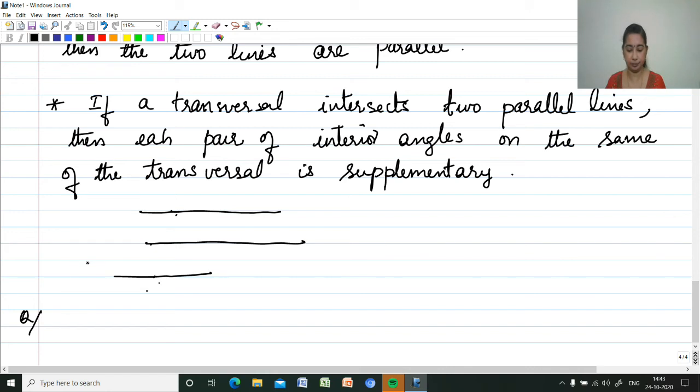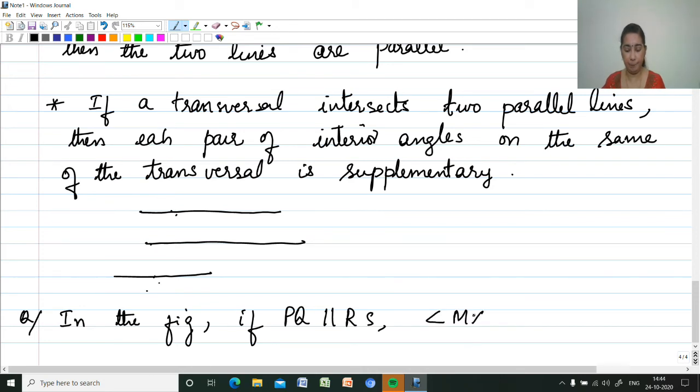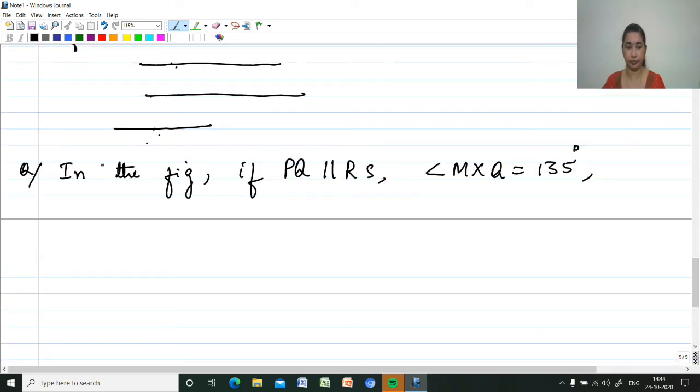First question, in the figure, if PQ is parallel to RS, angle MXQ is equal to 135 degrees and angle MYR is equal to 40 degrees, find angle XMY. The figure is given.